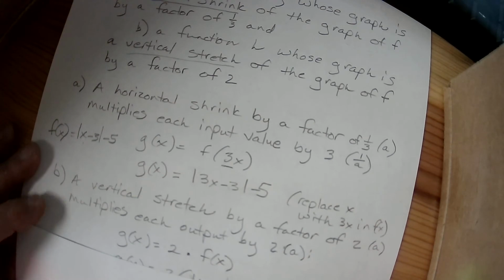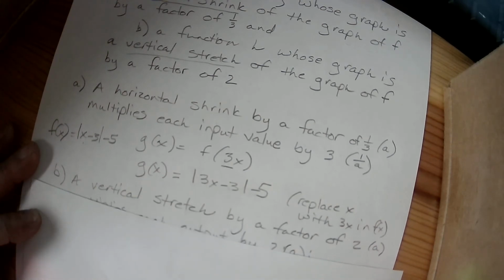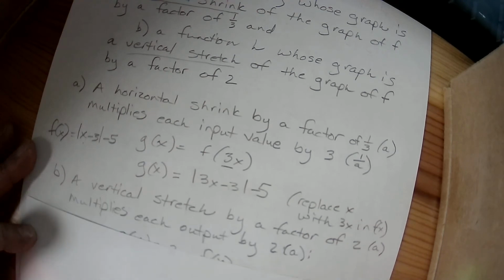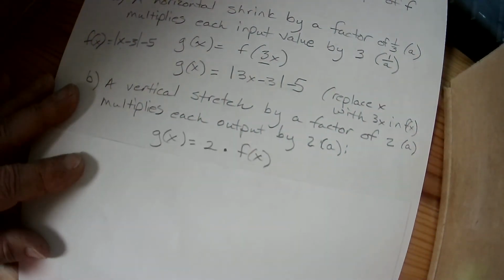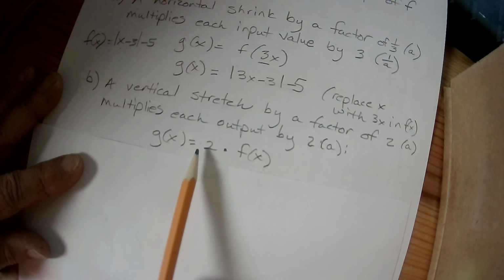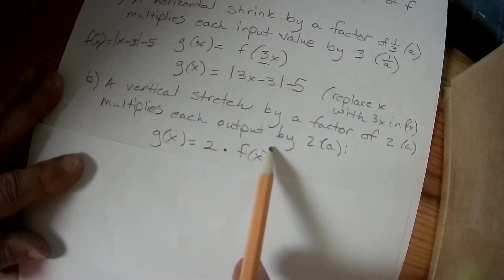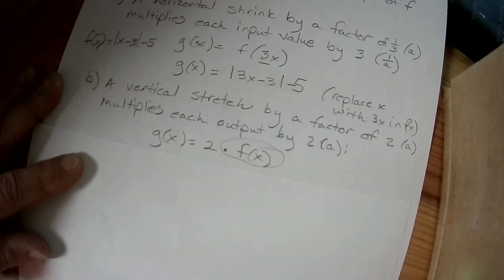Now, let's do the second part of that problem, part B. A vertical stretch by a factor of 2, which is a, multiplies each output by 2. So what that means is that h of x is actually going to equal 2 times the entire function of f of x.